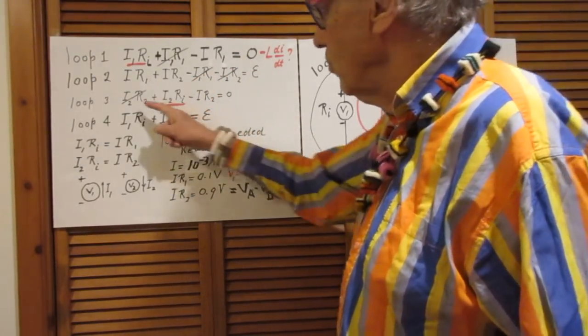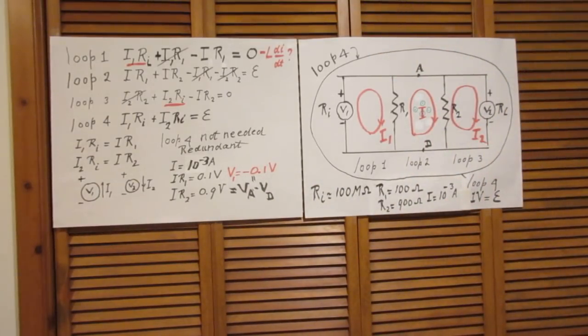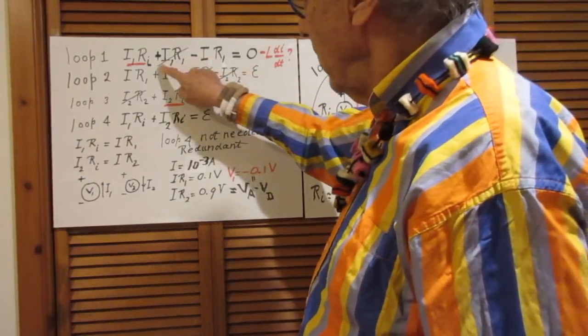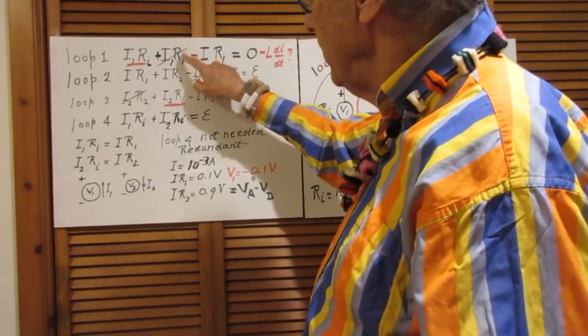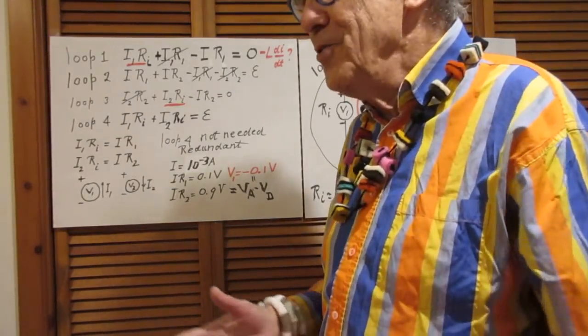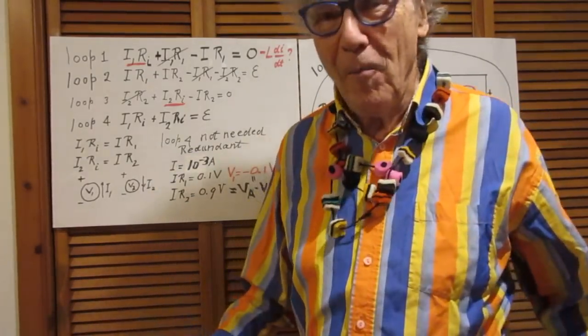I1 R1 can go and I2 R2 can go. So let's now go back to this equation, and this can be ignored. If you don't ignore it, then you just add something like a fraction of a millionth of a volt.